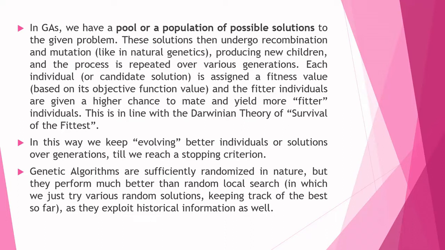For the given problem, we have to take the possible solutions. What are the possible solutions? You have to adapt them. It is possible for us to get these solutions by doing mutations. Changing the positions of the values is called mutation, like in natural genetics.